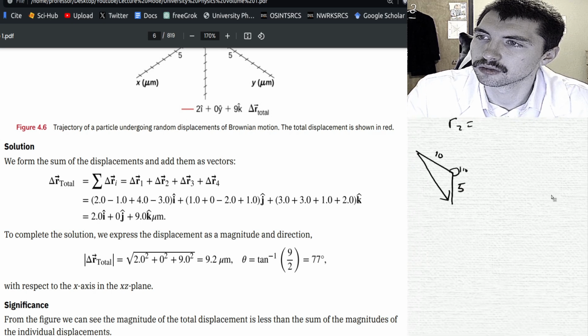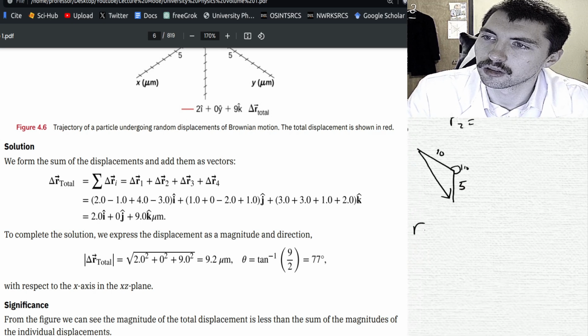So let's just retry. R1 is 5 cosine 0 plus sine.